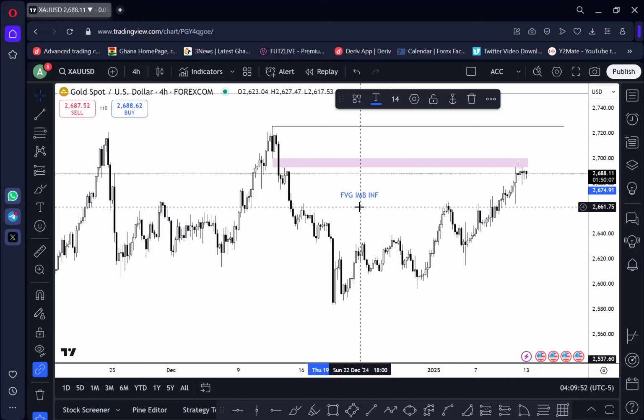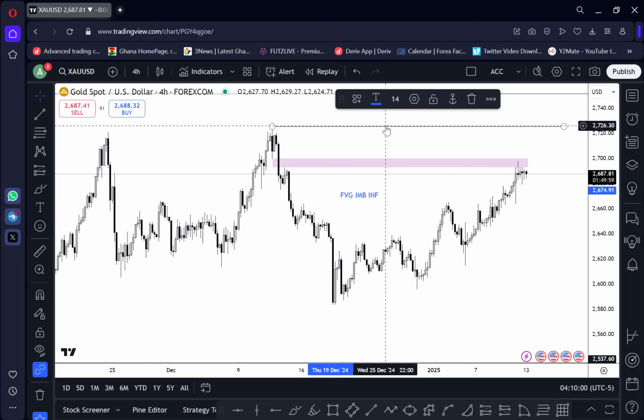When there is no gap between the first candle and the third candle, we refer to that move as efficiency or a balanced move. That means there is no fair value gap or imbalance there; that portion of the market has been balanced out.